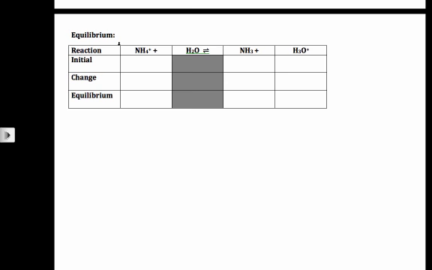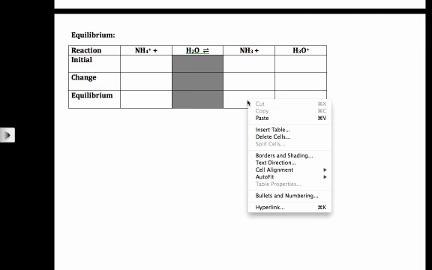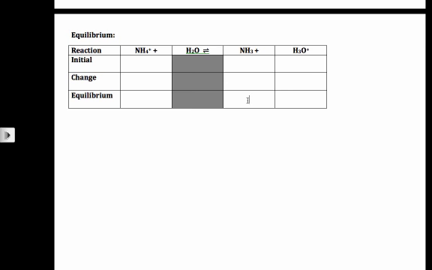And I noticed that I wrote this backwards on here. I don't know why, but we're going to just cross that off. That should be a 3, and that should be NH4 plus, and then this should be hydroxide. Okay, so I have NH3.